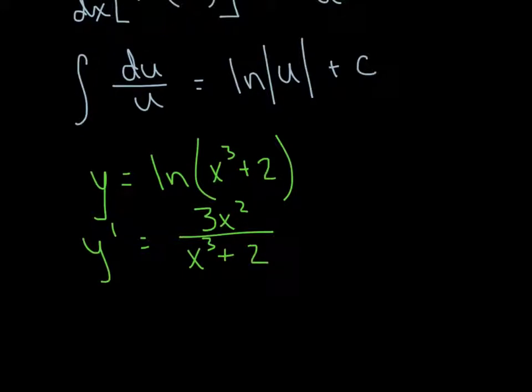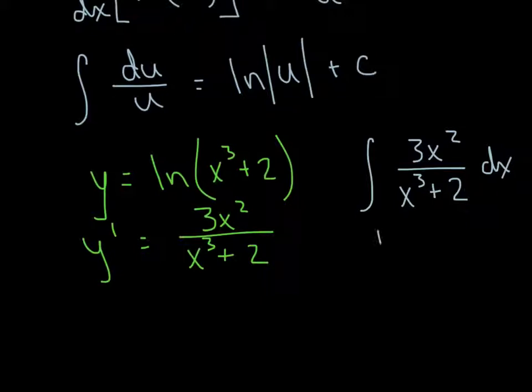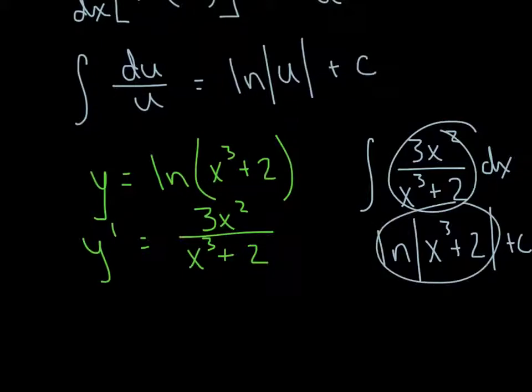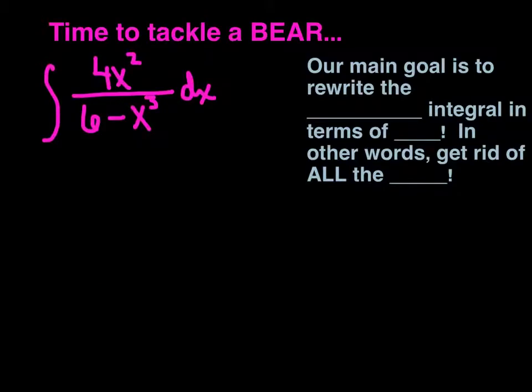Well, today we're going to reverse that process, and we're going to say, if they want us to integrate 3x squared over x cubed plus 2 with respect to x, then the antiderivative is going to be the natural log of the absolute value of x cubed plus 2 plus c. And so the last couple minutes of this video is all going to be about how to get from here to here.